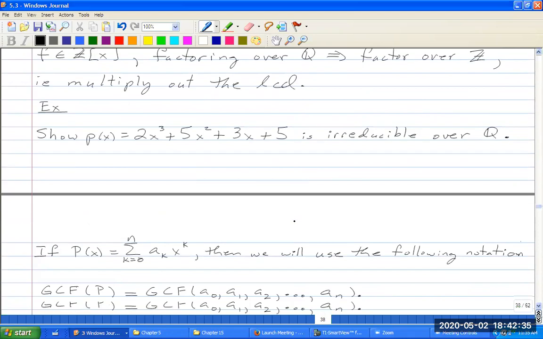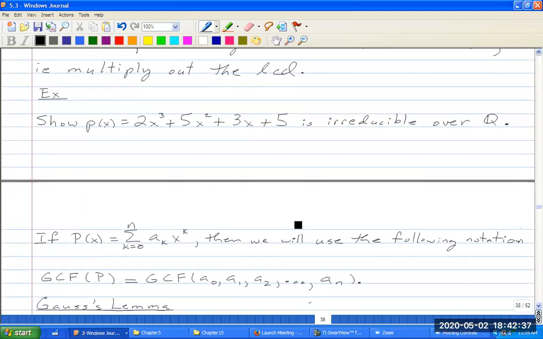Okay, so show that p of x, which is 2x cubed plus 5x squared plus 3x plus 5, is irreducible over the integers.